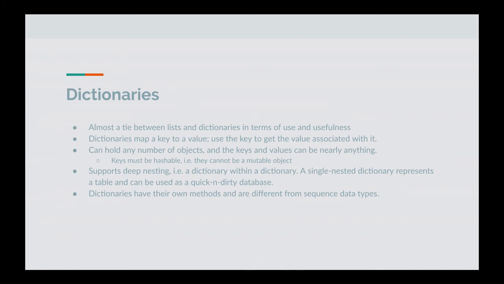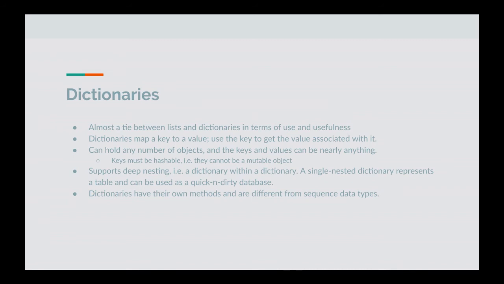Dictionaries can hold any type of object and any number of objects, similar to a list. The only caveat is your key has to be a hashable object, which means it cannot be mutable. So a key can be an integer, it can be a text string, it can be a tuple if you want. Pretty much anything that is not going to be modified can be used as a key.